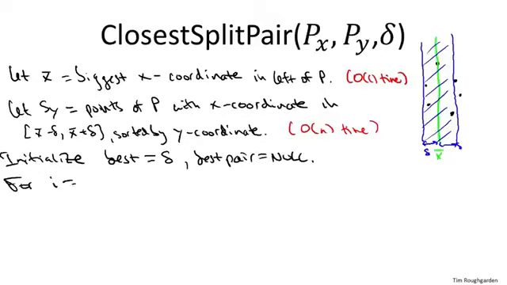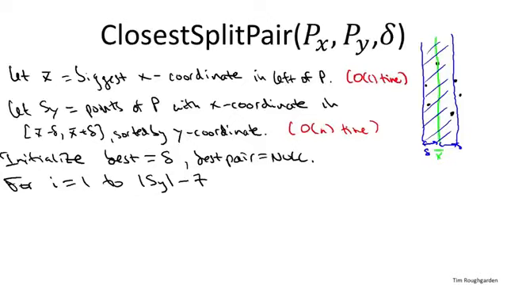Now here's the linear scan. We go through the points of Sy in order of y-coordinate. Okay, well, not quite all the points of Sy. We stop at the 8th to last point, and you'll see why in a second. And then for each position i of the array Sy, we investigate the 7 subsequent points of this same array.